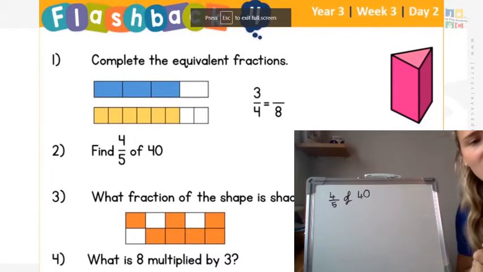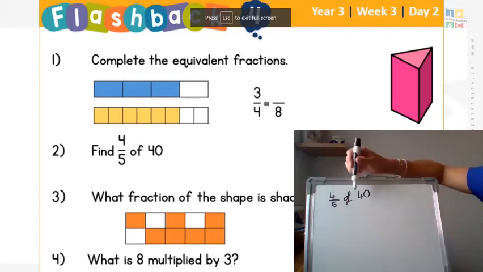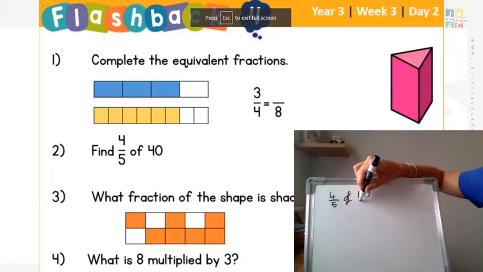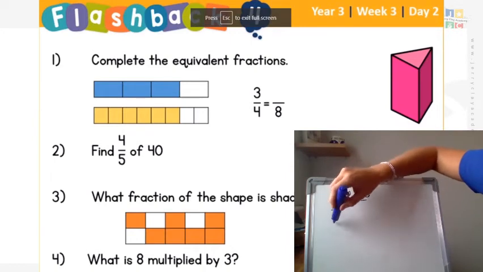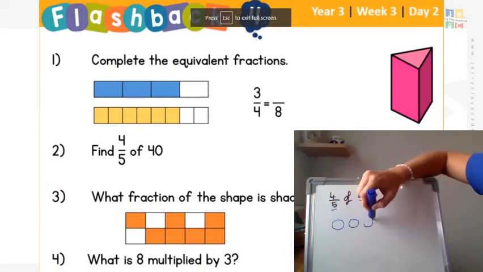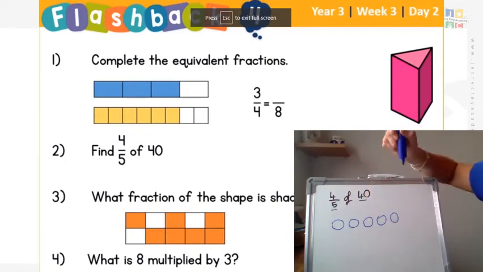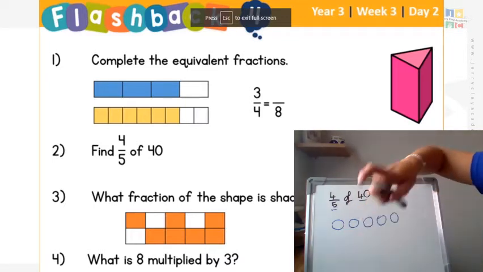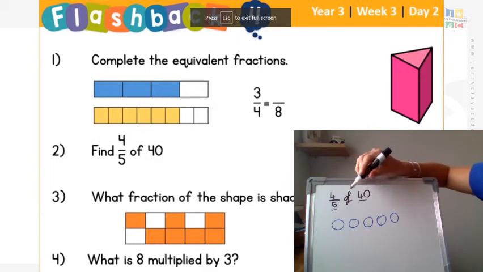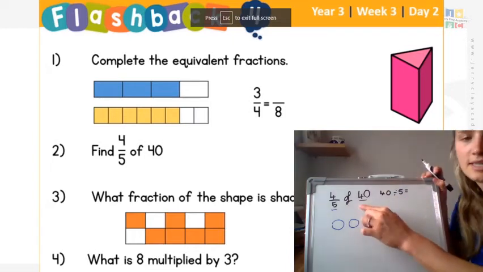Okay, number 2. Number 2 is looking at finding 4/5 of 40. So I've written out 4/5 of 40. I know my total number is 40, and I know that my number of parts is going to be 5. So I'm going to draw 5 circles. Alternatively, in order to find out how many are in each part, I'm going to share 40 between 5 parts, because I've got 40 as my whole.